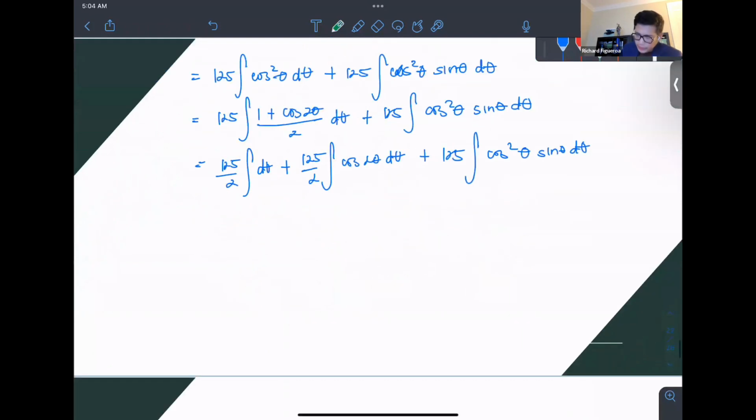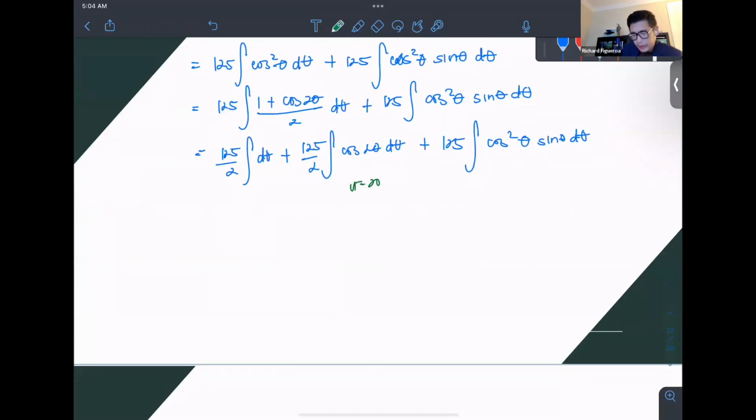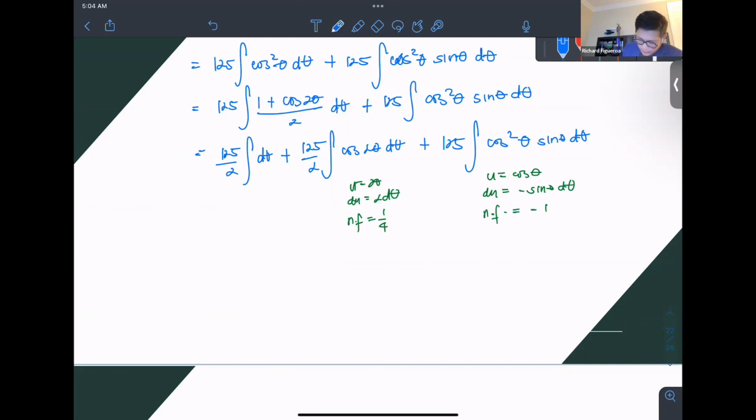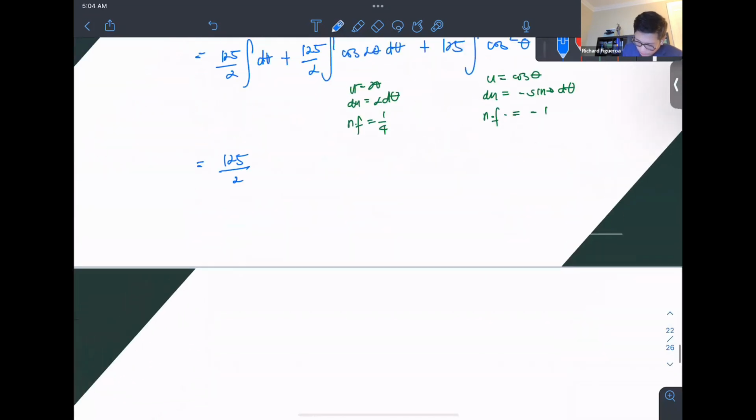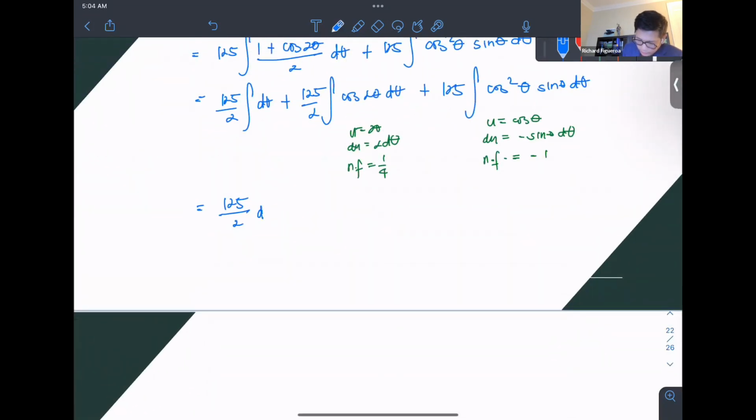So to integrate this one, our u here is 2 theta. So du is 2 d theta. Therefore, our neutralizing factor is 1/4. And then for here, our u is cosine theta. Our du is negative sine theta d theta. Our neutralizing factor is negative 1. So I'll have 125 over 2 theta.